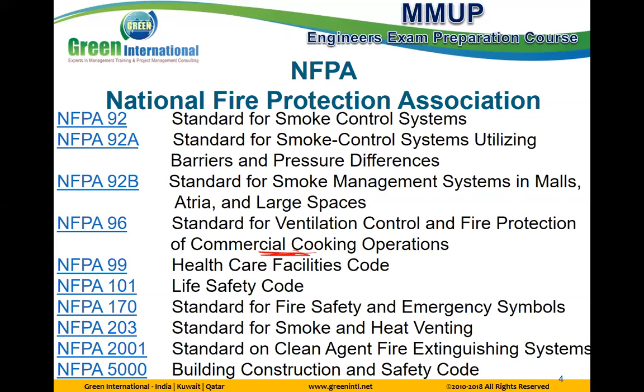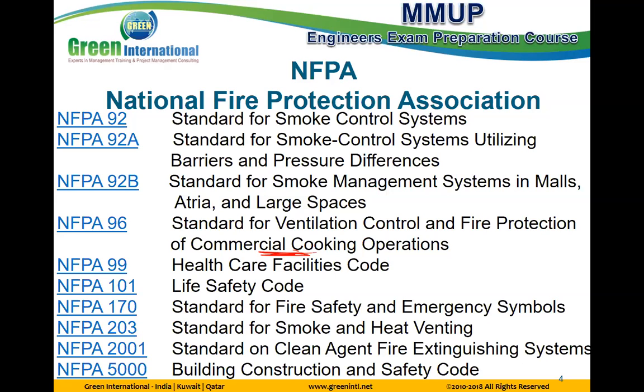This healthcare facilities code is NFPA 99. These are specific parts like healthcare facilities and commercial cooking. Normally these codes themselves talk about firefighting, alarm and mechanical ventilation, everything, including the part itself.